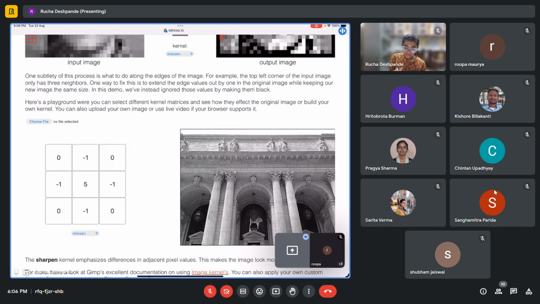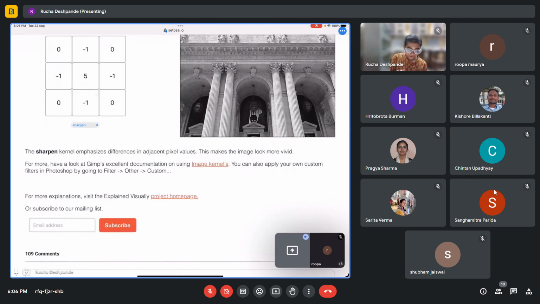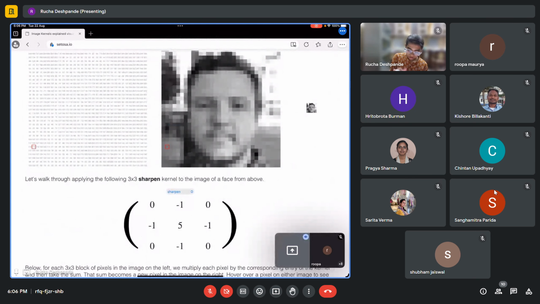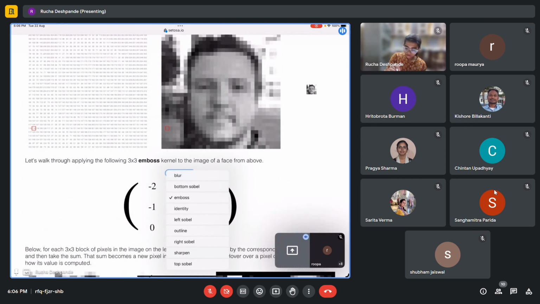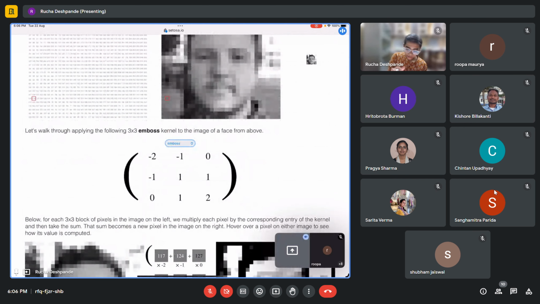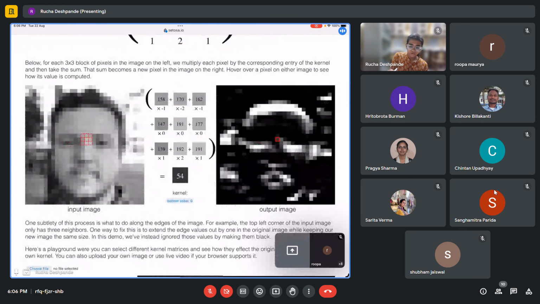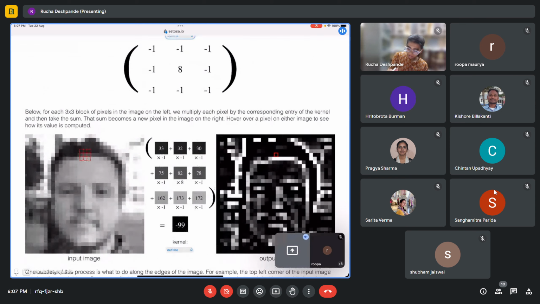I will provide the link to this site, and you can visit it and check the transformation for different images and different filters. You can try all the different filters like bottom sobel, which will create an output image like this, or outline, which will create one like this.